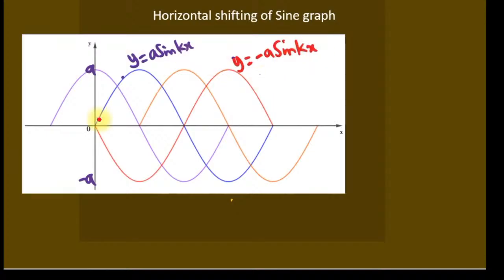So do you see it? If you multiply by minus, you get the red graph. Again, we've gotten the two, this blue and red, remaining the other one.